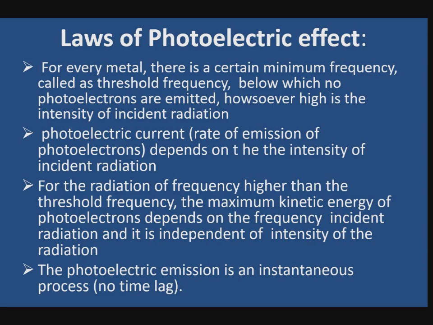For every metal there is a certain minimum frequency called a threshold frequency below which no emission of photoelectron takes place, however high is the intensity of the incident radiation. तो चाहे जितनी ज़्यादा इंटेंसिटी हो, एमिशन नहीं होगा unless and until जो फोटोन इंसिडेंट हो रहा है उसकी फ्रीक्वेंसी एक सर्टेन मिनिमम फ्रीक्वेंसी से ज़्यादा हो, तो वो जो मिनिमम फ्रीक्वेंसी इसको हम लोग थ्रेशोल्ड फ्रीक्वेंसी बोलते हैं.